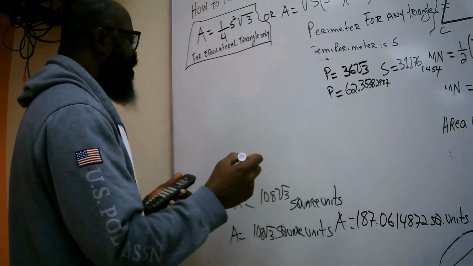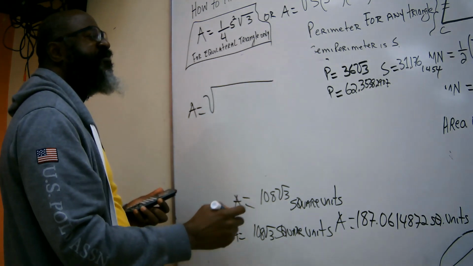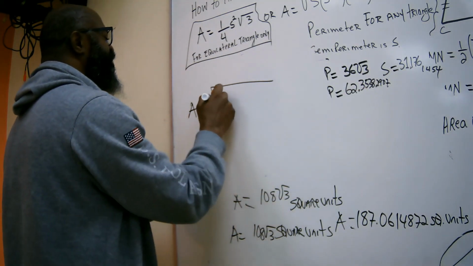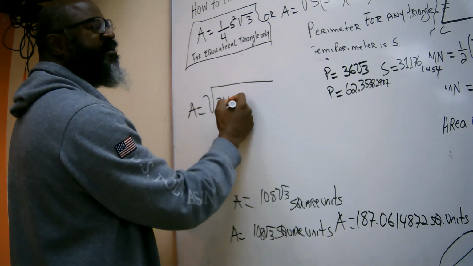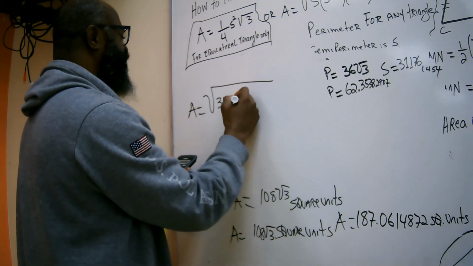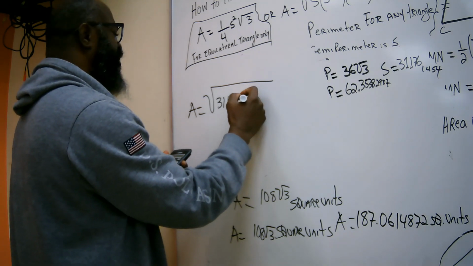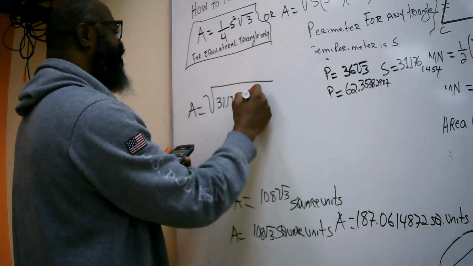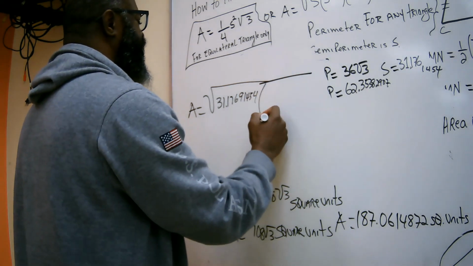For the formula, the area will be the square root of the semi-perimeter, which is 31.17691454. I'm not rounding, I'm using everything.